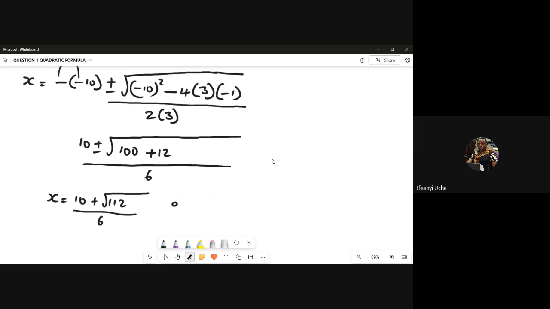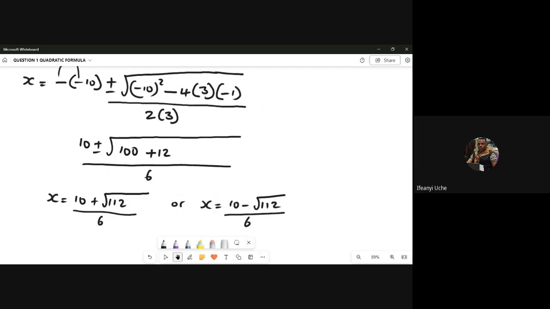Or you have x equals to 10 minus the square root of 112 all over 6. Then at this stage, you can now make use of your calculator to give us the final answer.